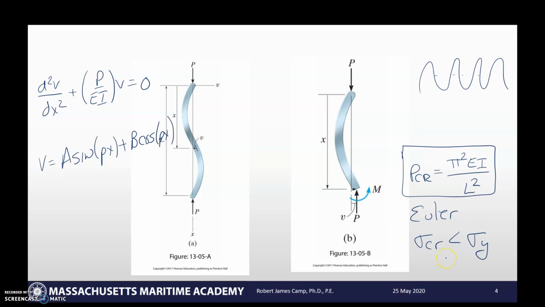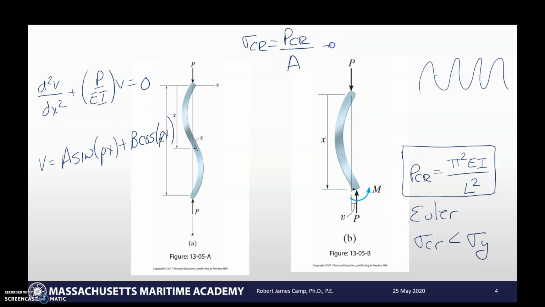Why is this important? Because if the critical stress is higher than the yield stress, that means the material's failing before it has a chance to buckle. So how do we define the critical stress? We'll leave it on this page here. Critical stress is just the critical load over the area.